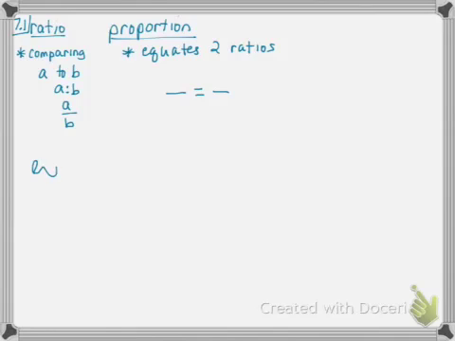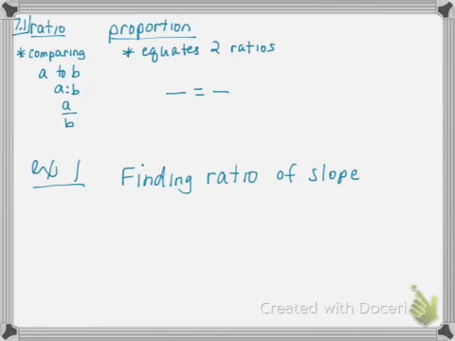So let's jump to example 1. Example 1 is going to be finding the ratio of the slope. So we're going to find slope either from a coordinate plane, which should be very quick for you because we've done a lot of those lately, or using the actual coordinates. So let's do example 1a.